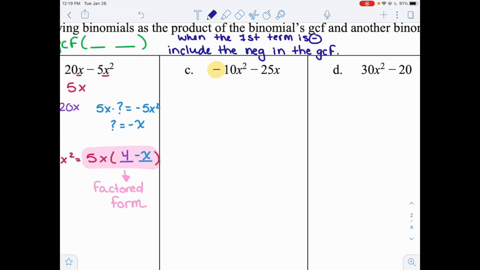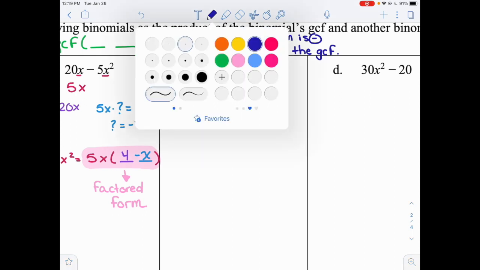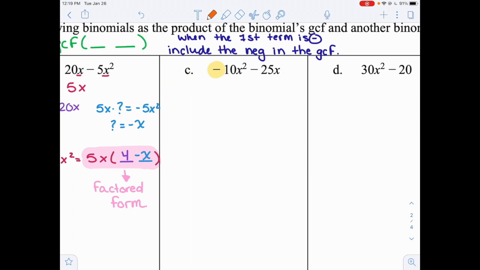So what's the greatest common factor between negative 10 and negative 25? It is negative 5, right? Because we're going to take out that negative. And then the GCF of x squared and x is x.